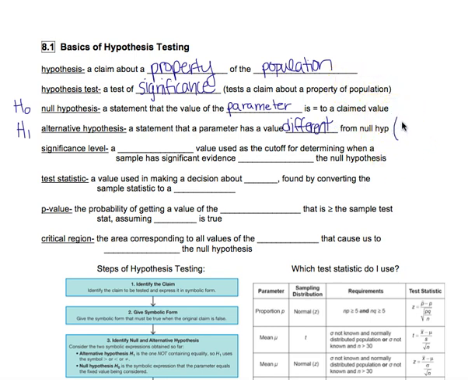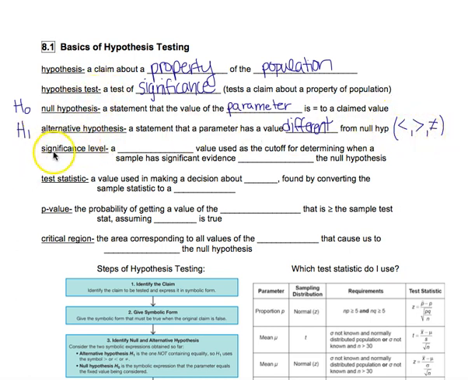Some of the cases that we're going to look at could be less than, could be greater than, could be not equal to, but somehow different from the null hypothesis, which is always an equal. So null is always an equal. The alternative is any of our other symbols.